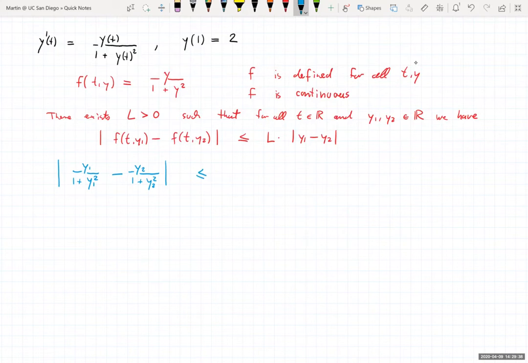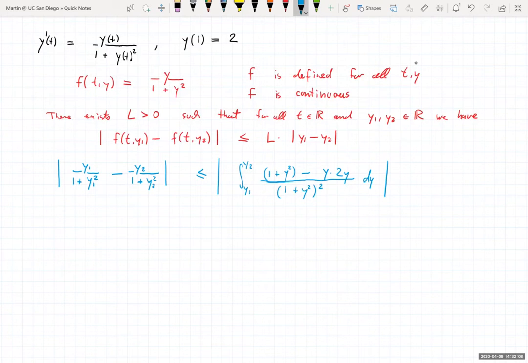We bound this from above by the absolute value of the integral from y1 to y2 of the derivative of f in y, which can be written as follows, namely, let's take 1 plus y squared minus y times 2y over 1 plus y squared to the square, dy, absolute value.